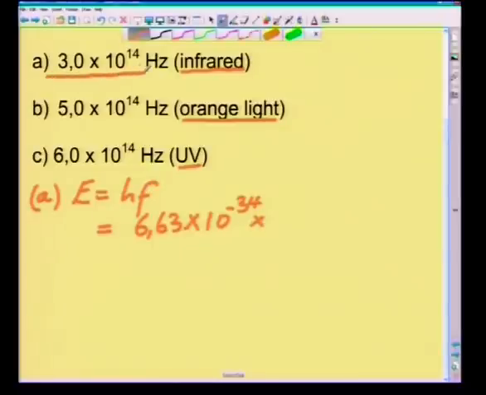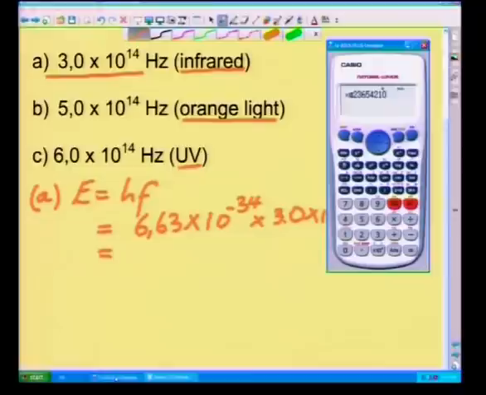The frequency of infrared, which is 3.0 by 10 to the power 14. And what will the answer be? Well, at this point in time, we need a calculator to do this quickly.